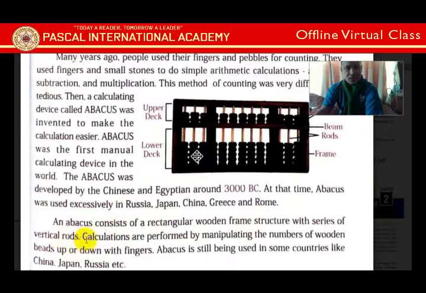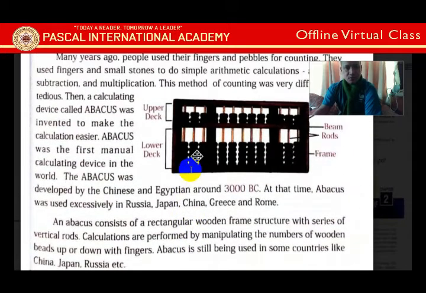Calculations are performed by manipulating the wooden beads up or down with the fingers. These black dots are called beads. The Abacus is still being used in some countries like China, Japan and Russia. In primary schools they still use it to teach number calculation to kids.